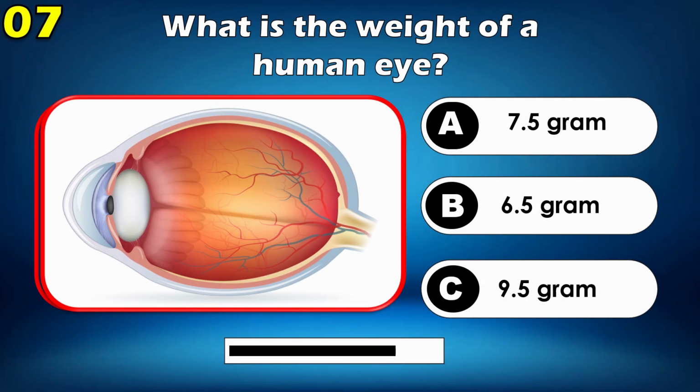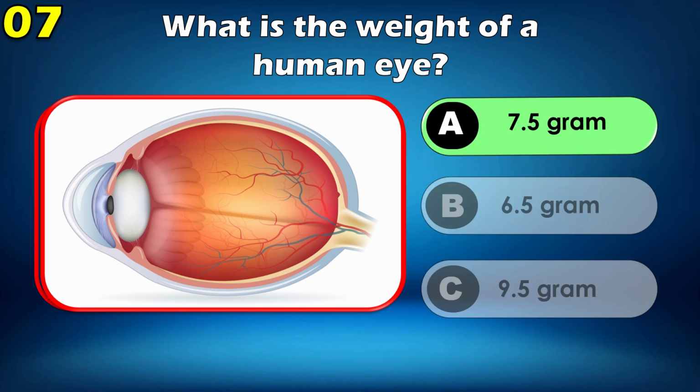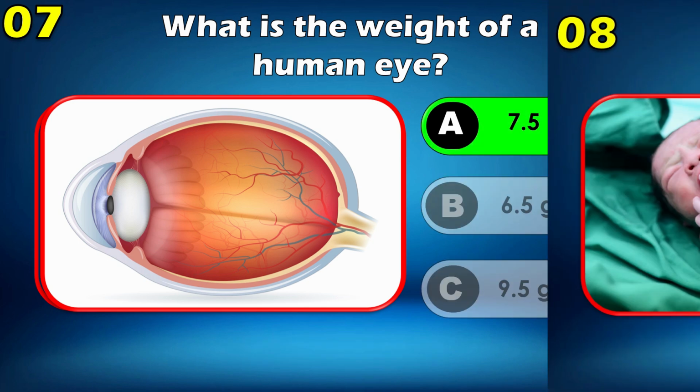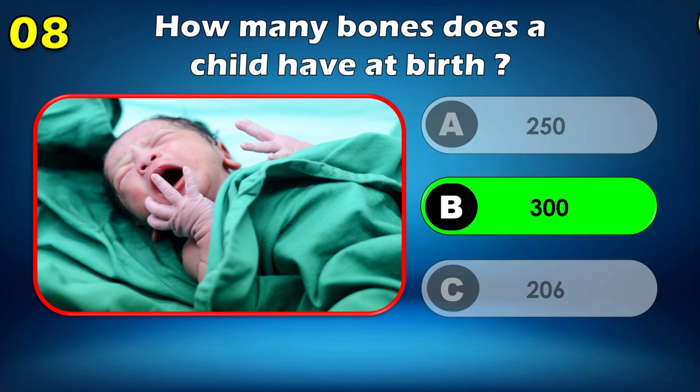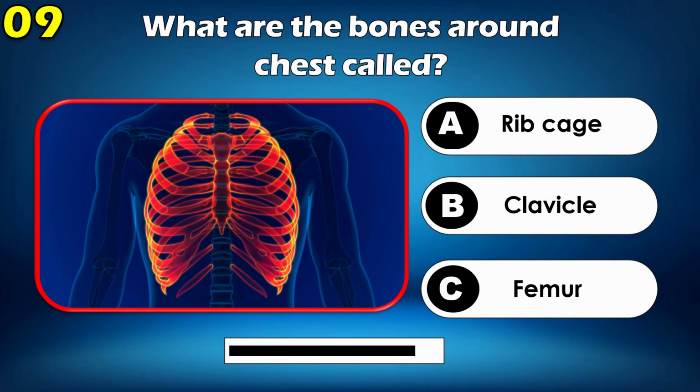What is the weight of a human eye? 7.5 gram. How many bones does a child have at birth? 300. What are the bones around chest called?